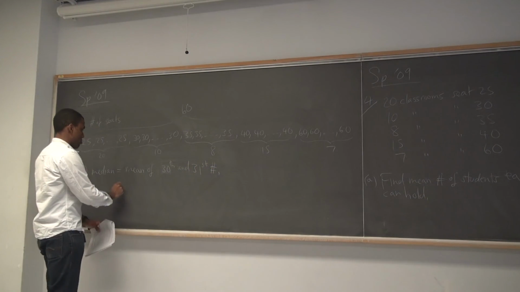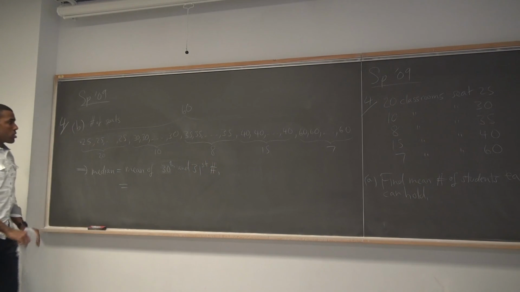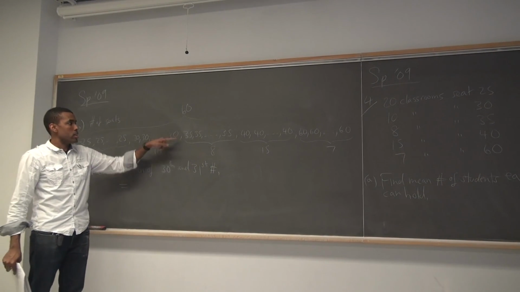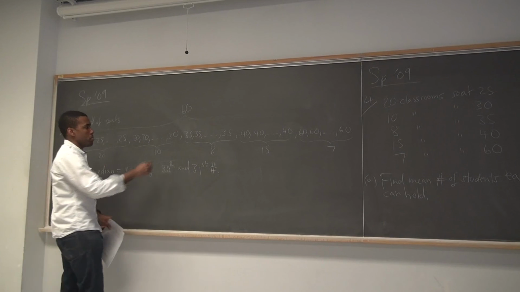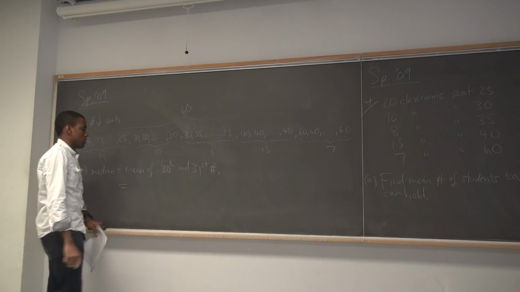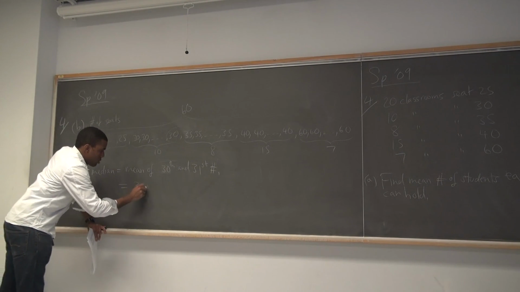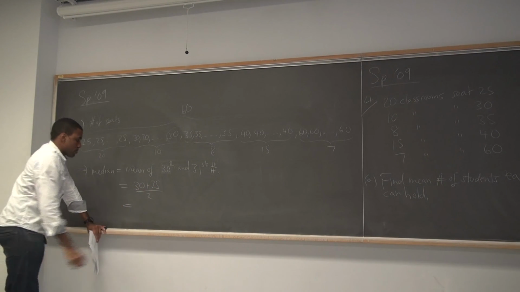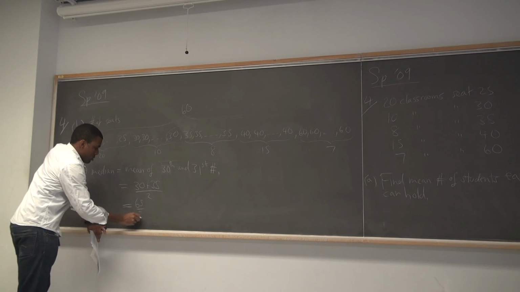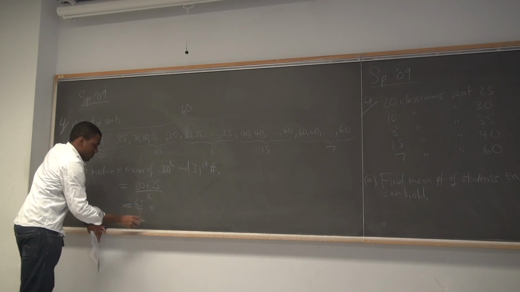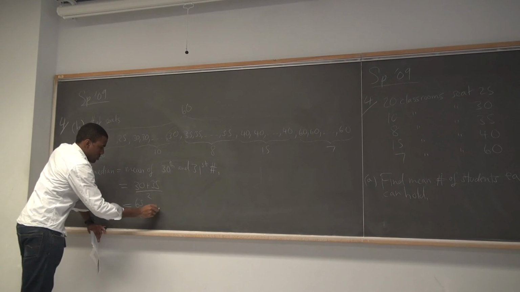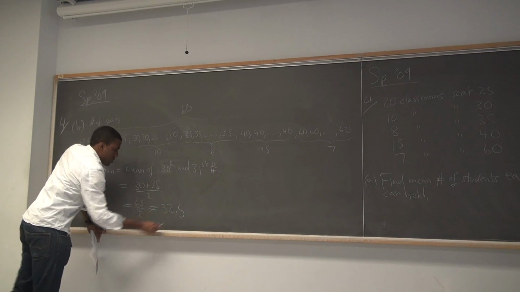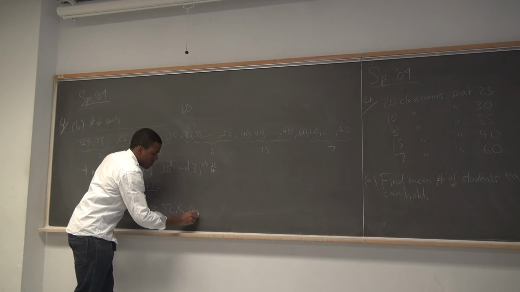So what's the 30th number? 30. Oh, or the 20, I hit 10 here. That's the 30th number. My median is actually going to be the average of these two. So it's going to be 30 plus 35 over 2. So that's 65 over 2, which is 32.5. 32.5 seats.